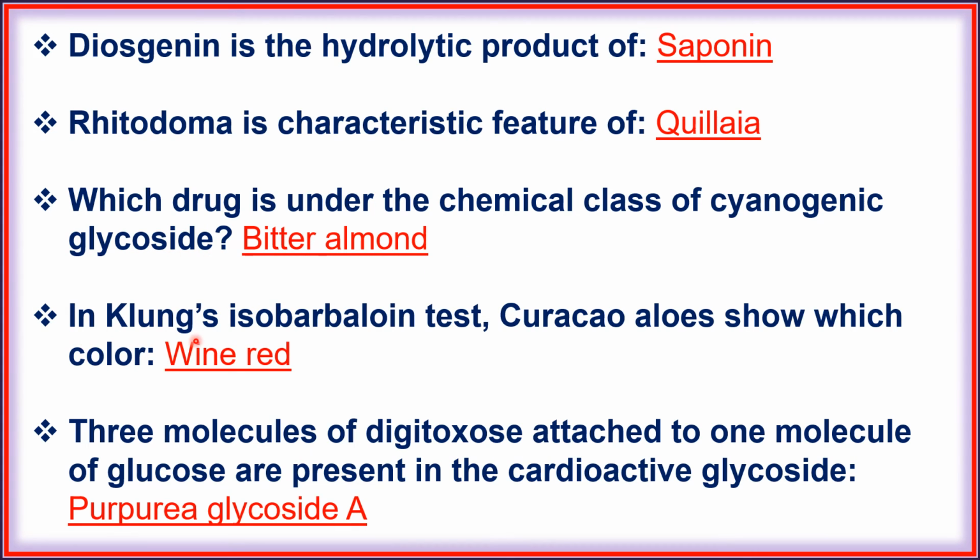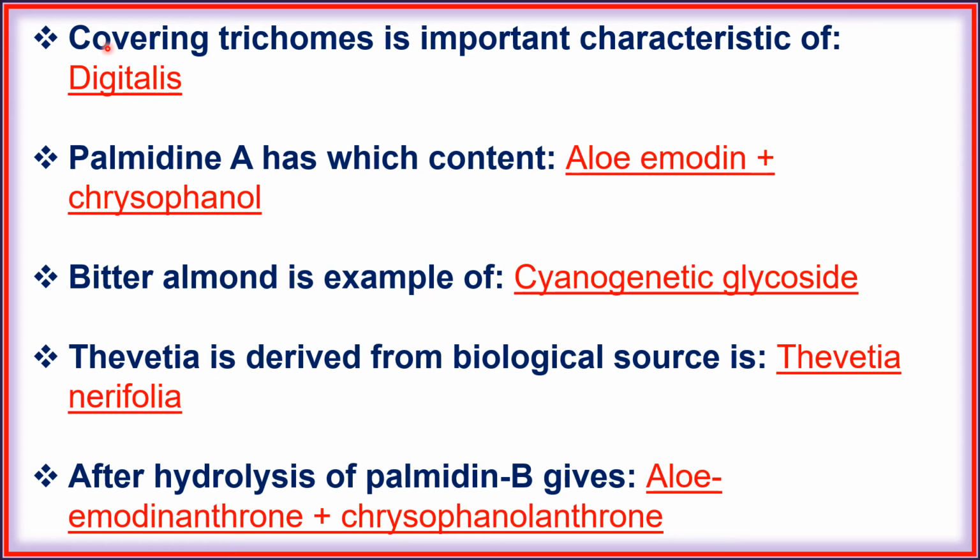Next, in Klunk's isobarbaloin test, Curacao aloes shows which color, that is wine red. Next, 3 molecules of digitoxose attached to 1 molecule of glucose are present in cardioactive glycoside, that is Purpurea glycoside A. Next, covering trichome is important characteristic of Digitalis.